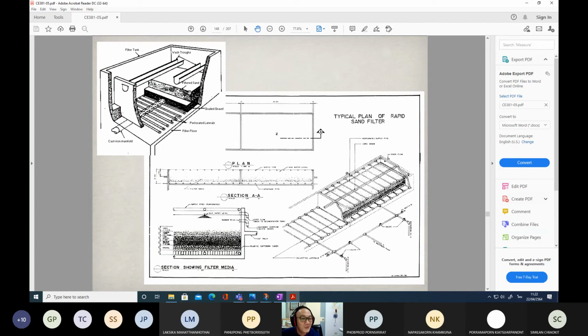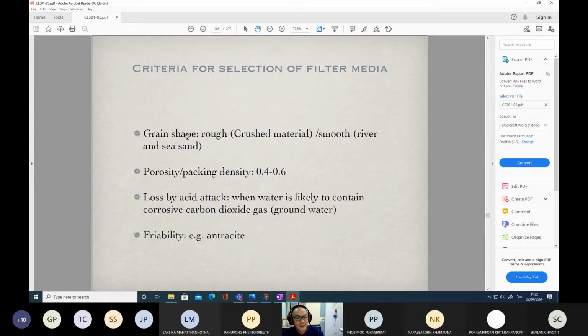This is also another photograph showing all the components of the filter. Below is the perforated pipe. This is the manifold, and this is the filter sand. Okay, when we talk about the sand, it's just like a pipe.